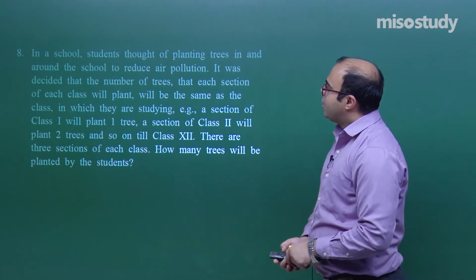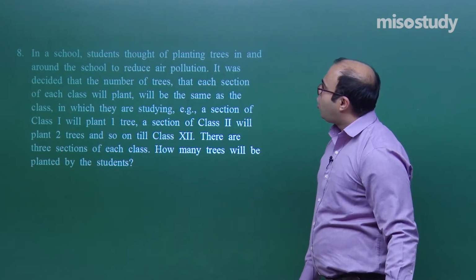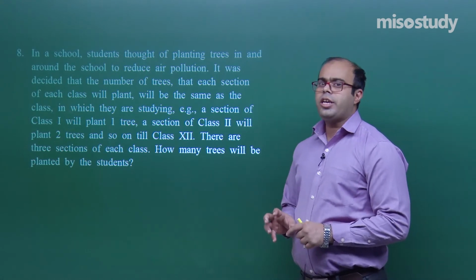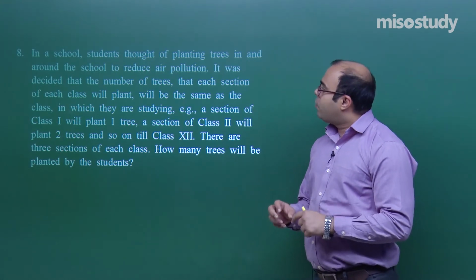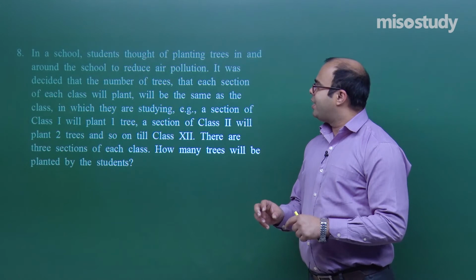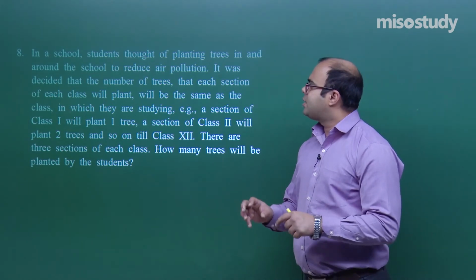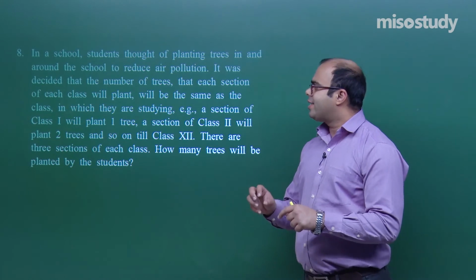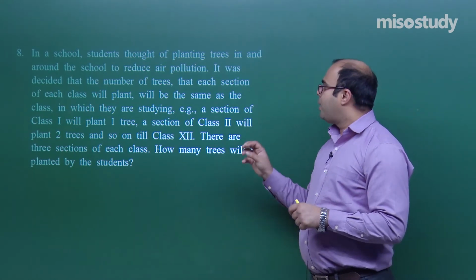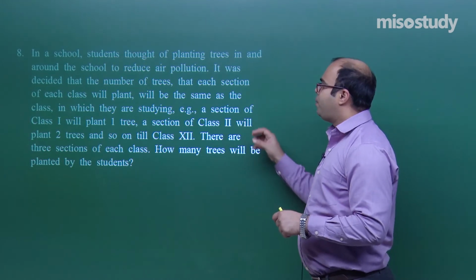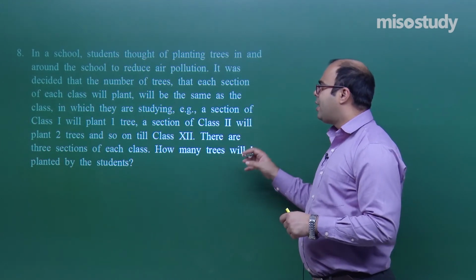In a school, students thought of planting trees in and around the school to reduce air pollution. It was decided that the number of trees that each section of each class will plant will be the same as the class in which they are studying. Example: a section of class 1 will plant 1 tree, a section of class 2 will plant 2 trees, and so on till class 12.